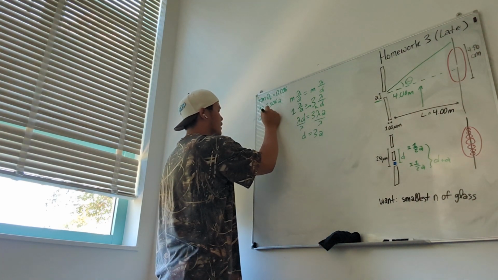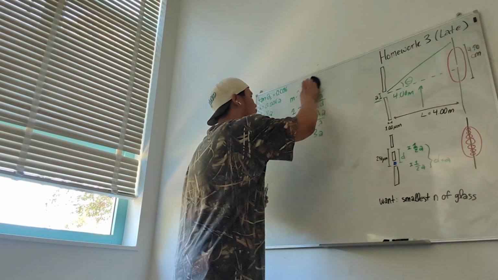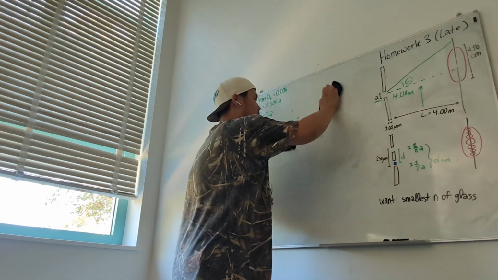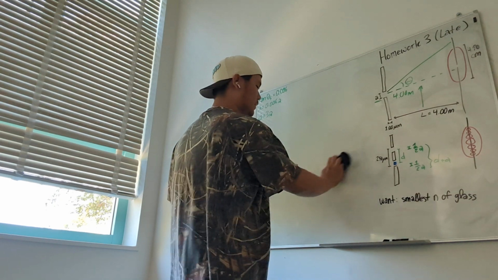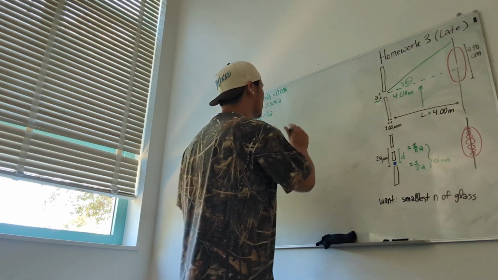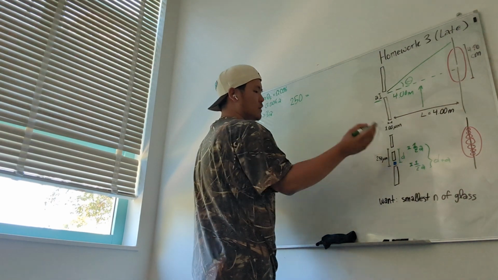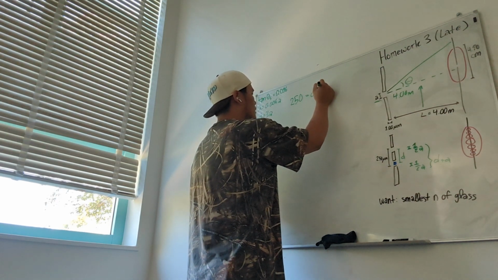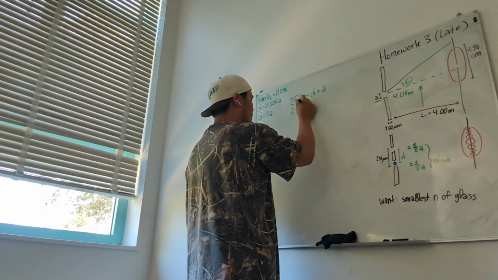D equals 3A. Now, we just talked about the fact that we know the total distance from the top of the original fringe to the bottom of the new glass fringe. That's 250. And we know the total is D plus A. And we just found that D equals 3A, so let's plug that in.